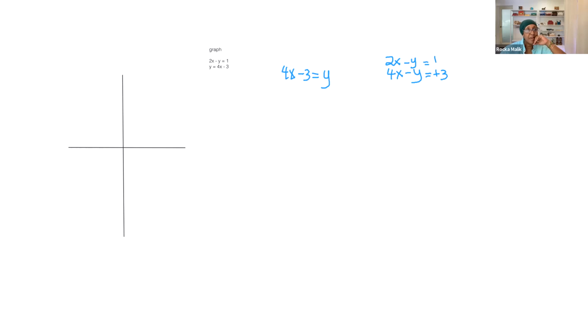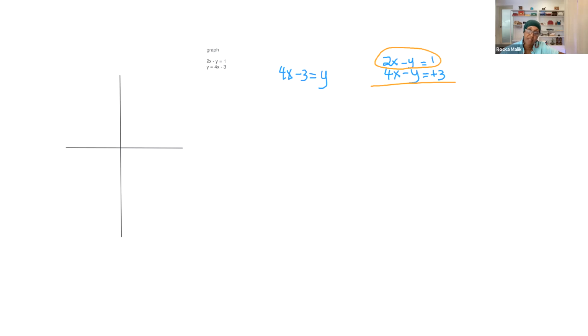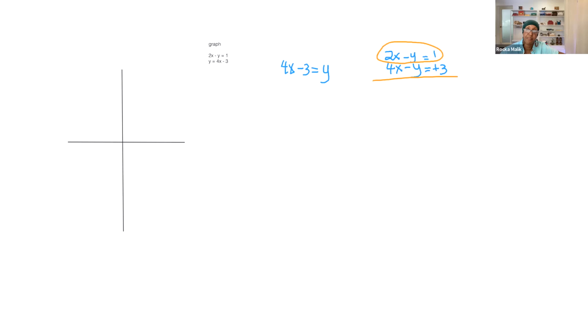So I can combine them. And if I combine this the way it is, I'm gonna end up with a minus 2y. So I'm gonna change the sign of this equation. All I'm gonna do is rewrite this equation with opposite signs for him, opposite signs for him, and opposite signs for him.